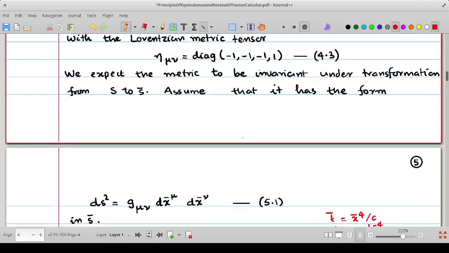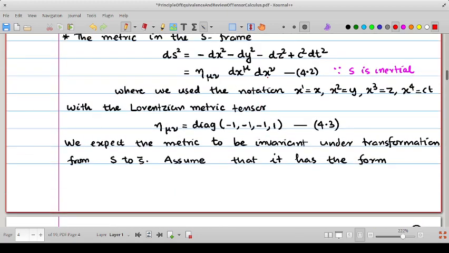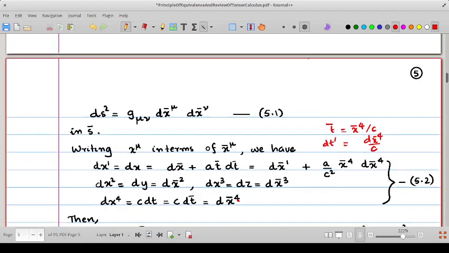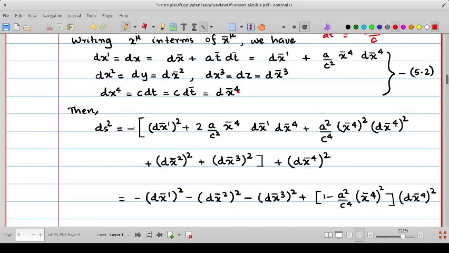Then we can substitute for dx mu and dx nu, which is dx square, dy square, dz square and dt square, in this equation. So we will get ds square equal to minus dx square, which is given in terms of the barred coordinates by this expression. So that is equal to minus of dx bar 1 square plus a square by c to the power 4 times x bar 4 square dx bar 4 square, then the cross term, that is 2a by c square x bar 4 dx bar 1 dx bar 4.